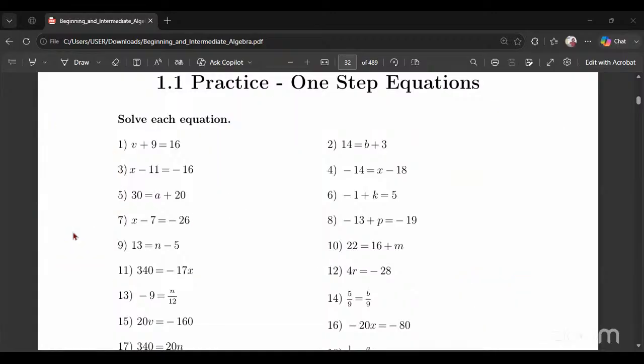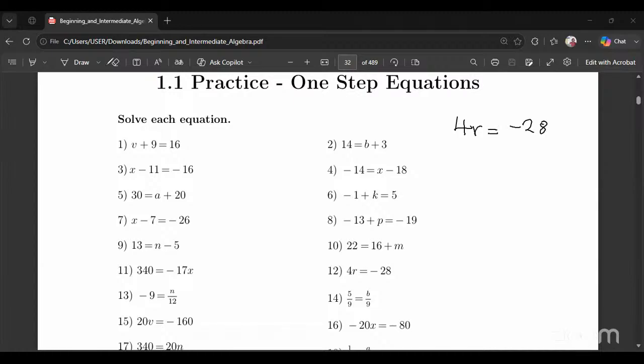That's perfect. Okay, so for question 12, we have 4r is equal to negative 28. To solve this is pretty straightforward. We want to at all costs isolate the unknown, which in this case is r.